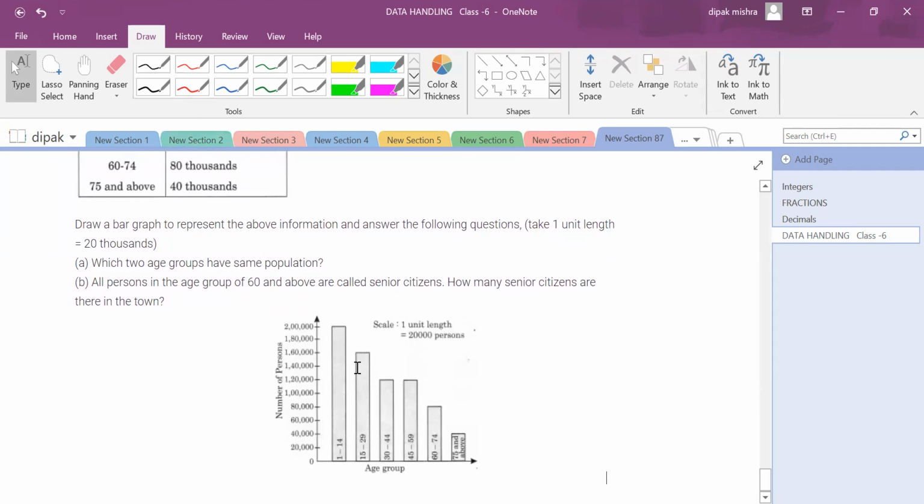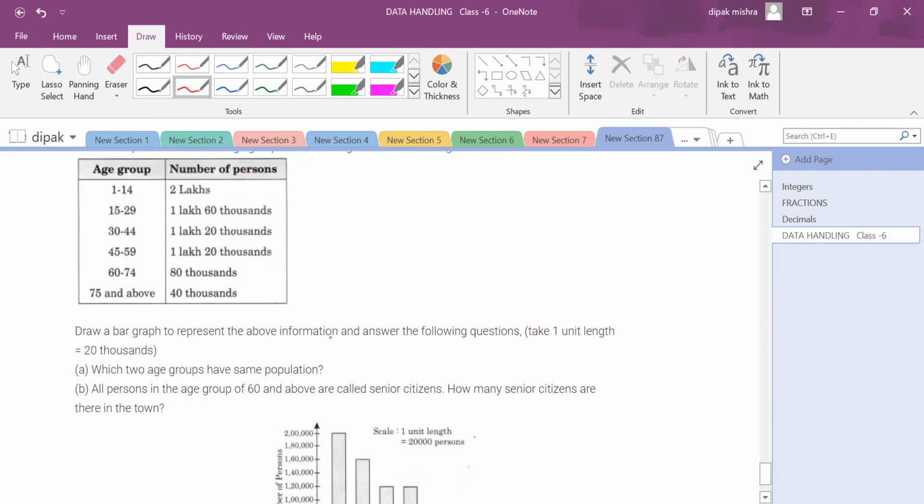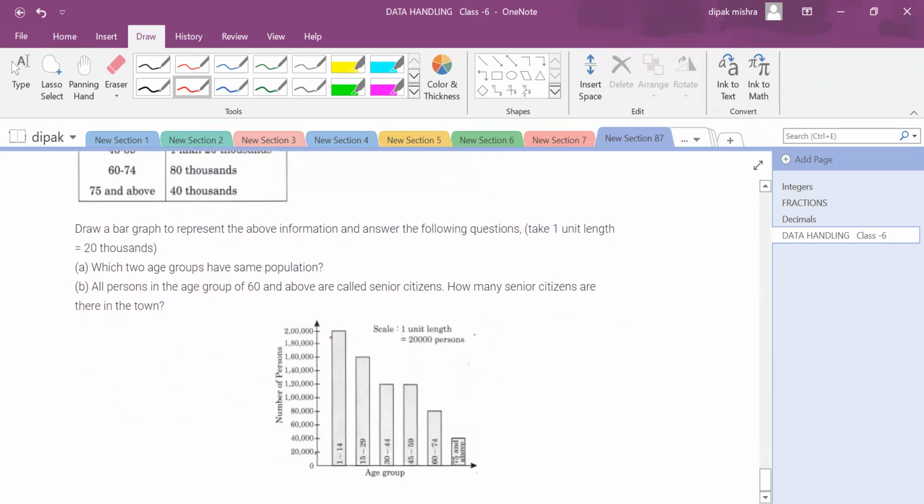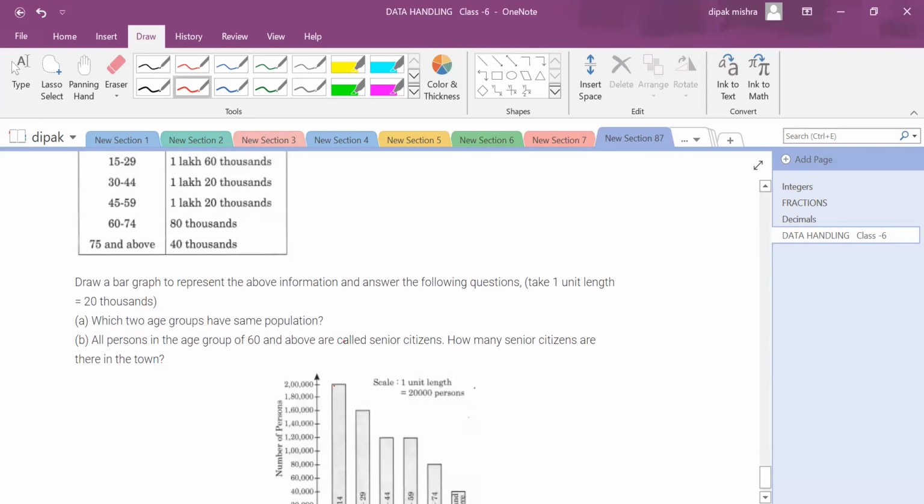This one, it is 2 lakhs. So each small axis length is 20,000, because each of the numbers is divisible by 20,000. So in the vertical axis, I have taken each small division to be 20,000. So there are 10 of them for the first one, 1 to 14, and similarly for the others.